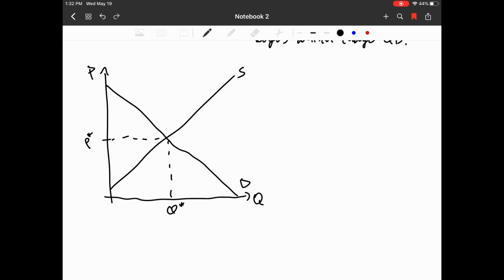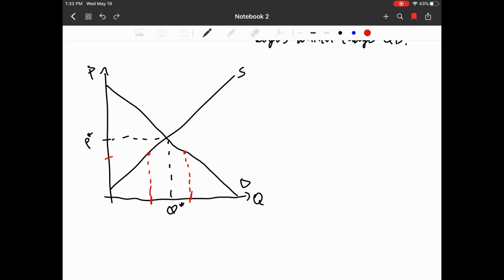So let's say the price is below P star. We'll use red. At this point, quantity supplied is less than quantity demanded. And so at this point, there's excess demand. Some buyers who want it are not able to get it.